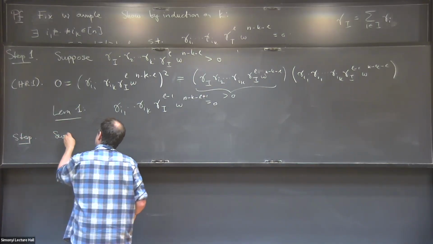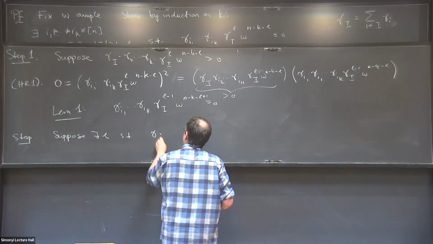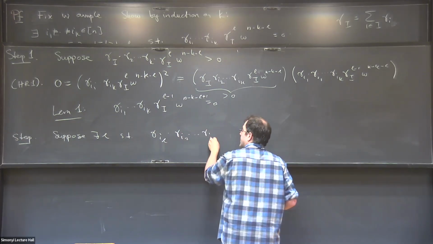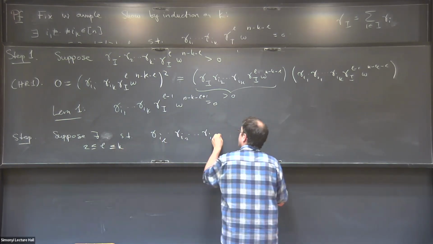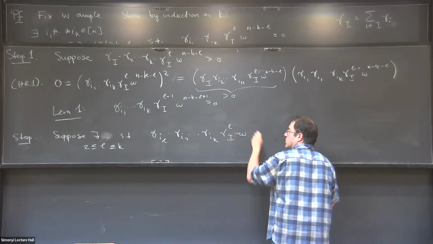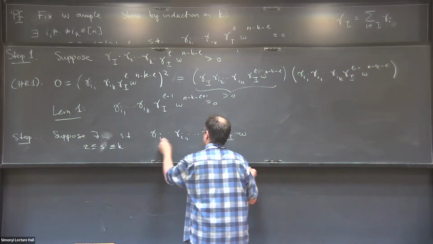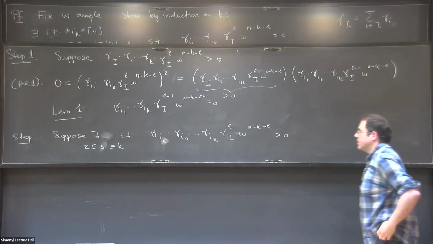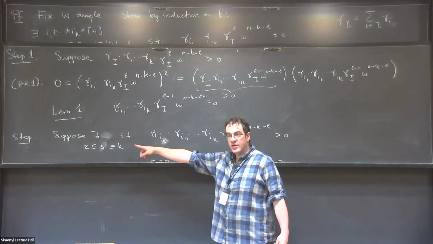Now in step 2, suppose there exists an L from 1 to k, such that gamma IL times gamma I2, gamma IK, gamma I to the L, omega to the, ooh, too many L's, S. Follow, right? So I play the same game now. Now I assume that I replace gamma I1 by gamma IS, where S is one of the other indices.